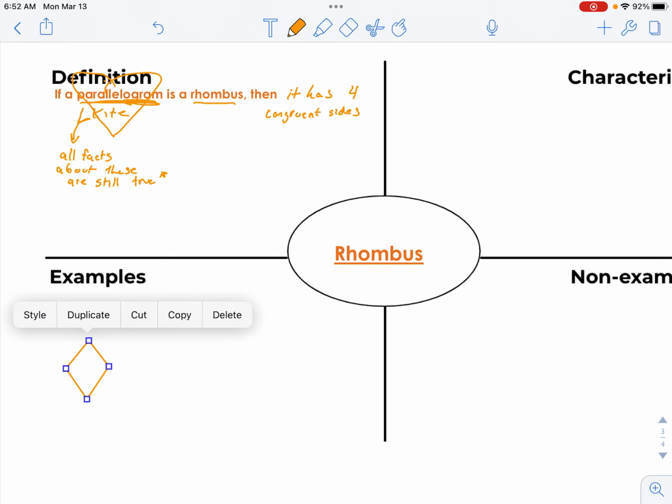let me make it perfect, or as perfect as I want. All right, it's just all four sides are congruent.